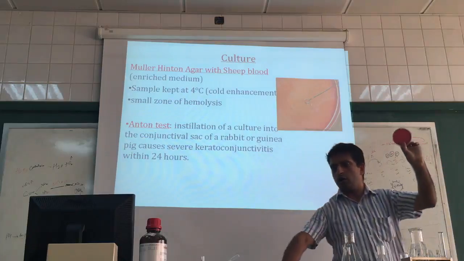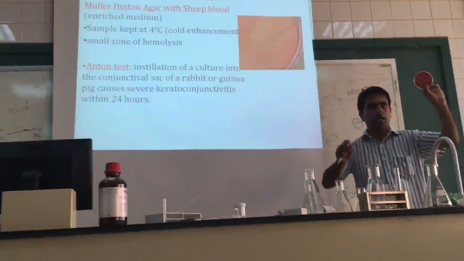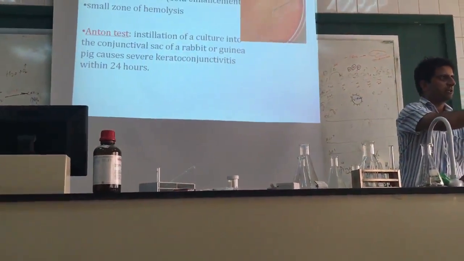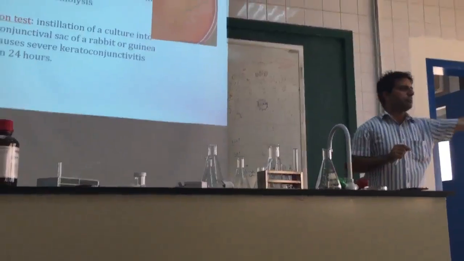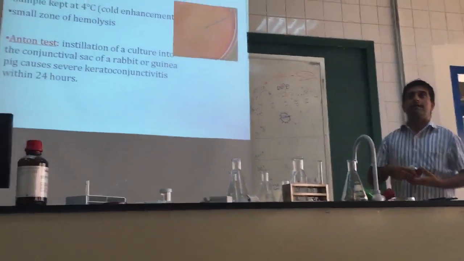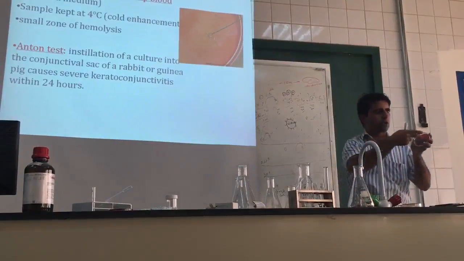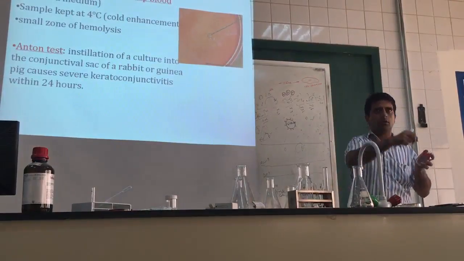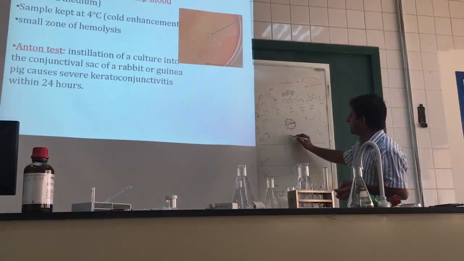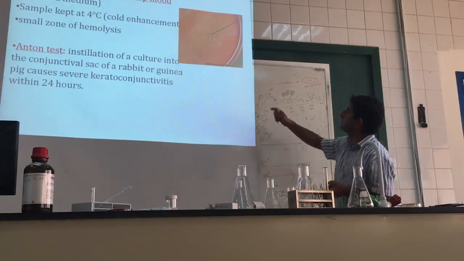Now on this culture media, if you put the Listeria and keep it in incubation for 24 hours, next morning you see the growth of bacteria. And when you remove the colony using this loop, you will find clear zones here.